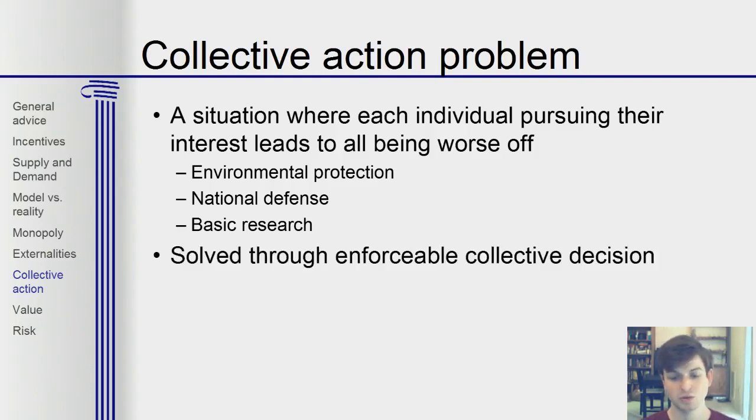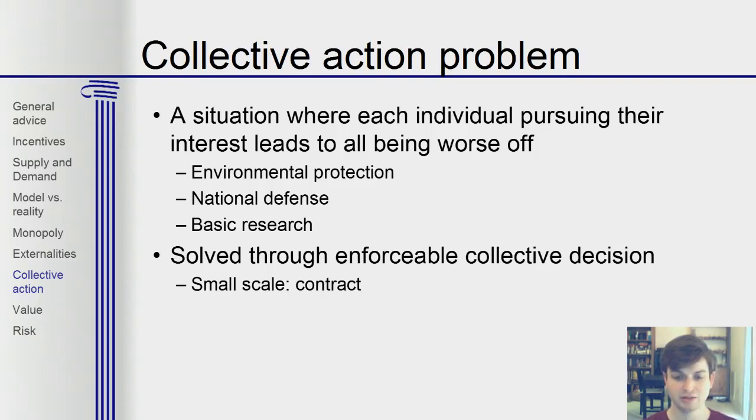So the way we solve collective action problems is through some sort of collective decision that's enforceable. On the small scale, this is a contract. If 5 people would all be better off were they to cooperate than if they were to each act in their own self-interest, then they can sign a contract that says, I will work in the way that is better for everyone as long as everyone else does too, and then a court would be willing to enforce that.